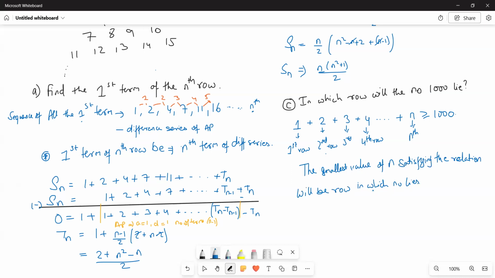Okay. So basically what we are doing is we are trying to find कि किस row का last term will exceed 1000 for the first time.